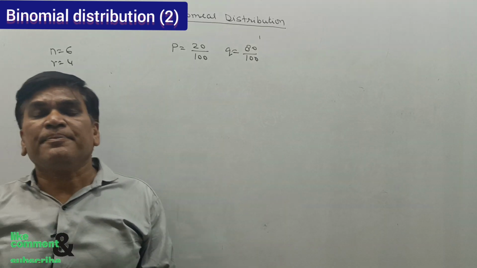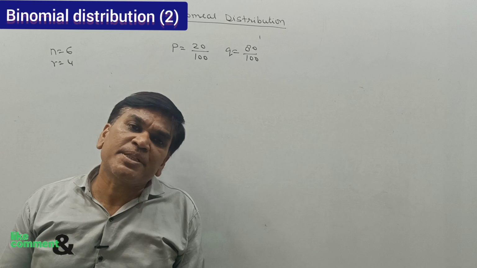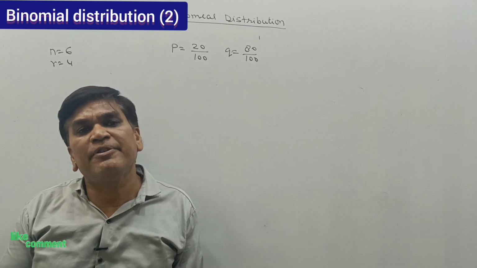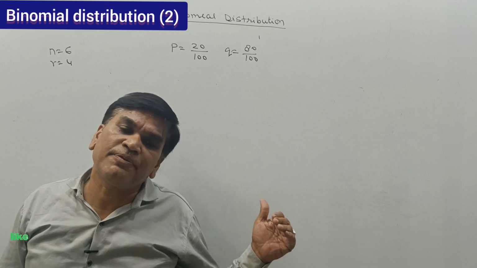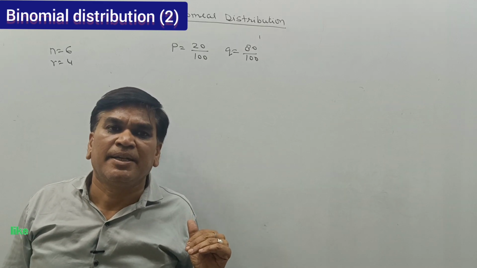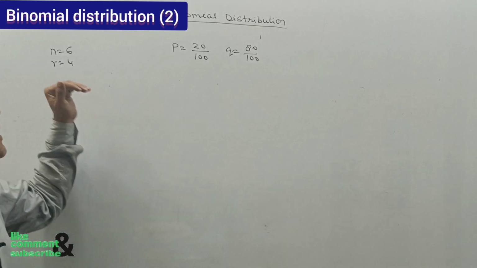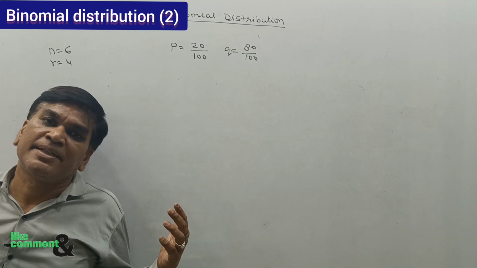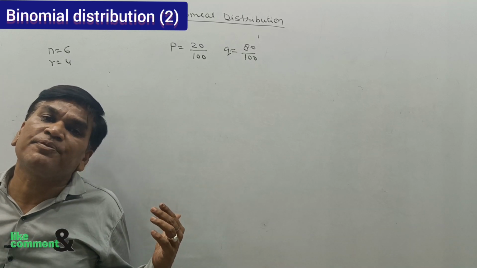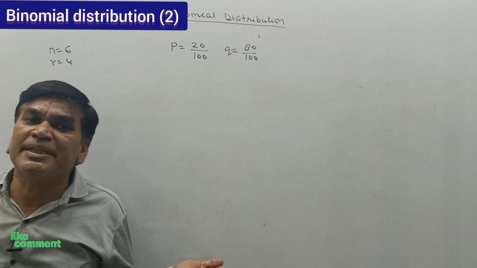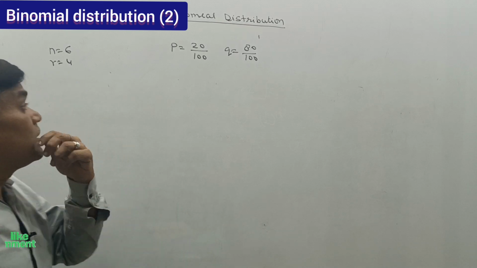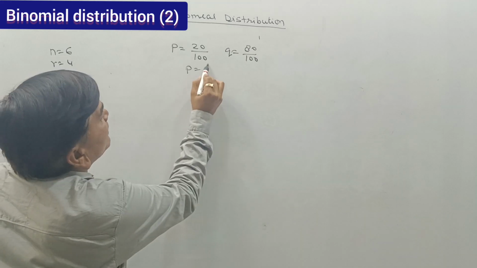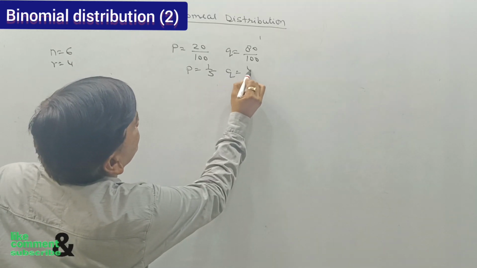In a factory, there is a 20% chance that the worker will have the disease due to working in the factory. If we are taking 6 workers in a research, get the probability that 4 or more will have the disease. So the probability of getting the disease is 1 by 5, and of not getting the disease is 4 upon 5.